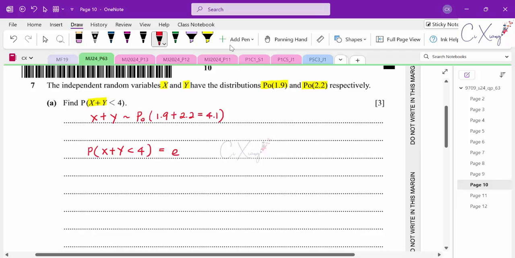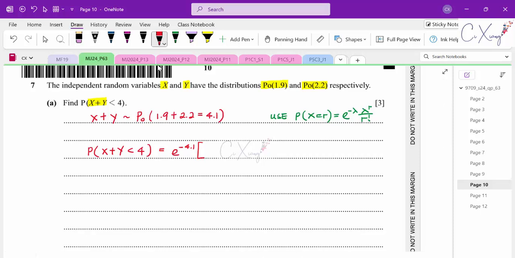Let us recall: if I want to calculate the probability for X equals r, the formula is e to the power negative lambda, lambda to the power r, divided by r factorial. So for X plus Y equals 0, I have e to the negative lambda, lambda to the power 0 divided by 0 factorial, which is 1. For X plus Y equals 1, it is lambda to the power 1 divided by 1, so it is lambda.